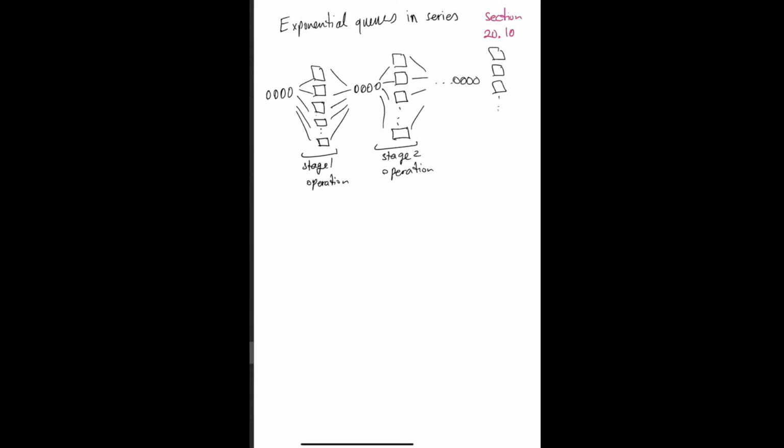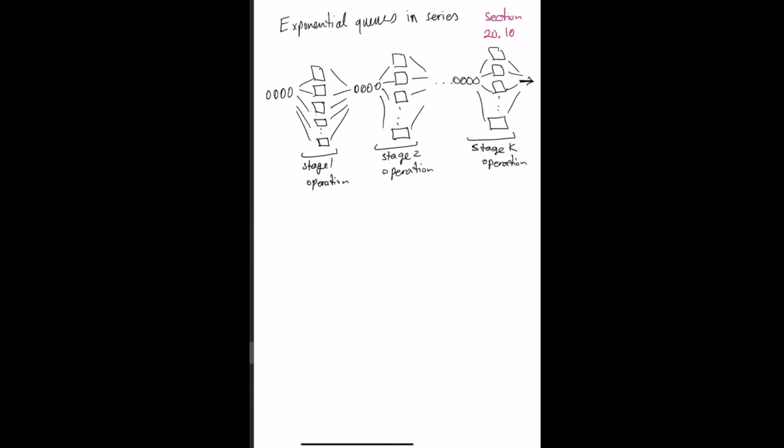Again, for the last operation, I may have a bunch of servers working in parallel. Let's say the whole production process has K stages. So this is the stage K operation, and when the entities are done with it, they leave the system.